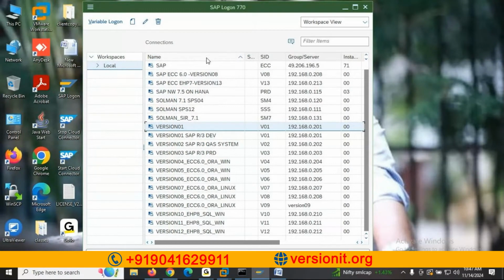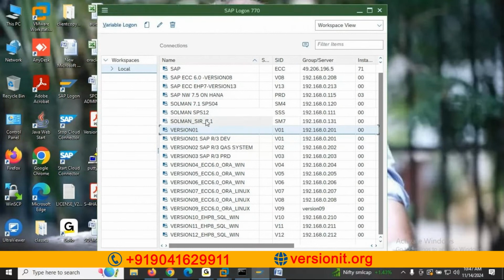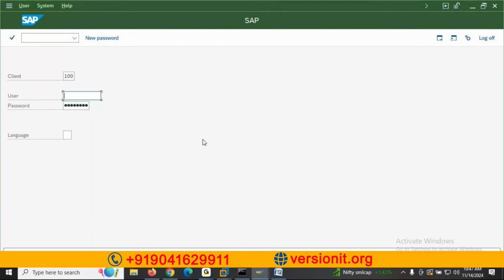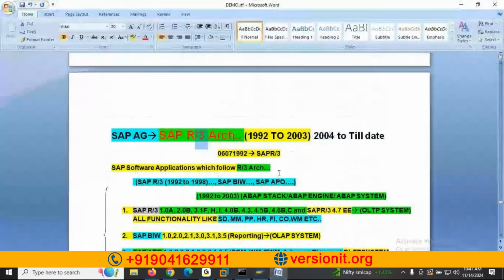Every system is covered here, and you are going to work with all the systems listed here. What you have opened, we call it a logon pad. If I connect to the system, whatever comes in front of you is your GUI, graphical user interface. So one of the tiers of a 3-tier software application is presentation, and we call it GUI in SAP terminology.